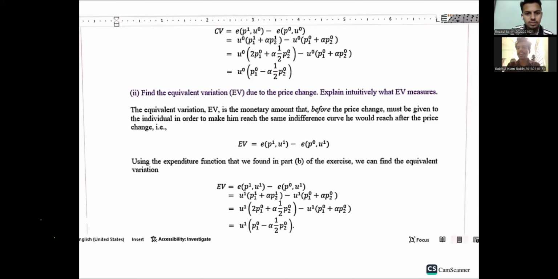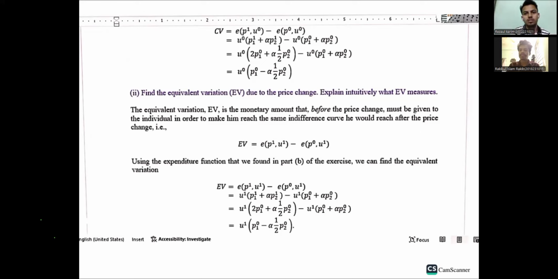And what does the equivalent variation measure? Yes, the equivalent variation is the monetary amount that, before the price change, must be given to the individual in order to make him reach the same indifference curve he would reach after the price change.